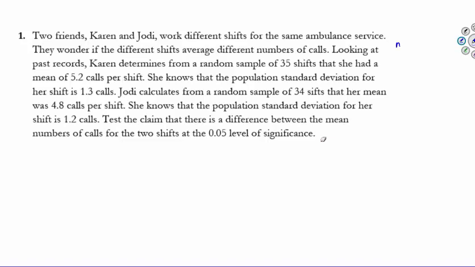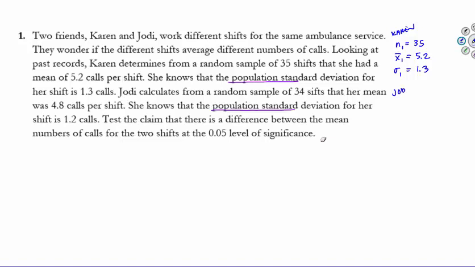Let's call that n1, first sample, size 35, with a mean from the sample x bar of population 1 of 5.2 calls per shift, and a population standard deviation that is given for both, and population standard deviation is sigma, is 1.3 for the first shift, and that's for Karen.